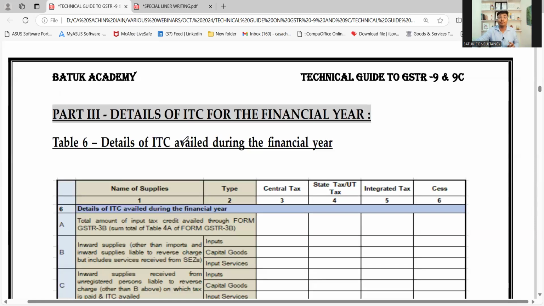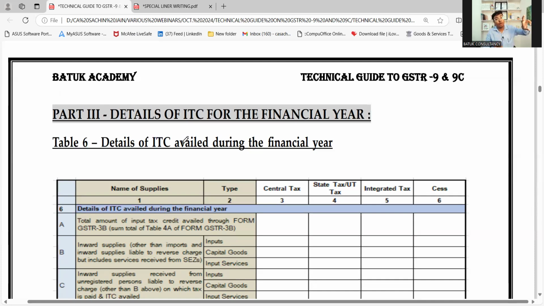Now you need to focus on your input tax credit, the most crucial part. And for your input tax credit, you need to be very careful, because input tax credit is the heart of GST. There are a lot of filters. You need to check the various reversals. You need to check whether there is a requirement of blocked credit, Section 17(5).